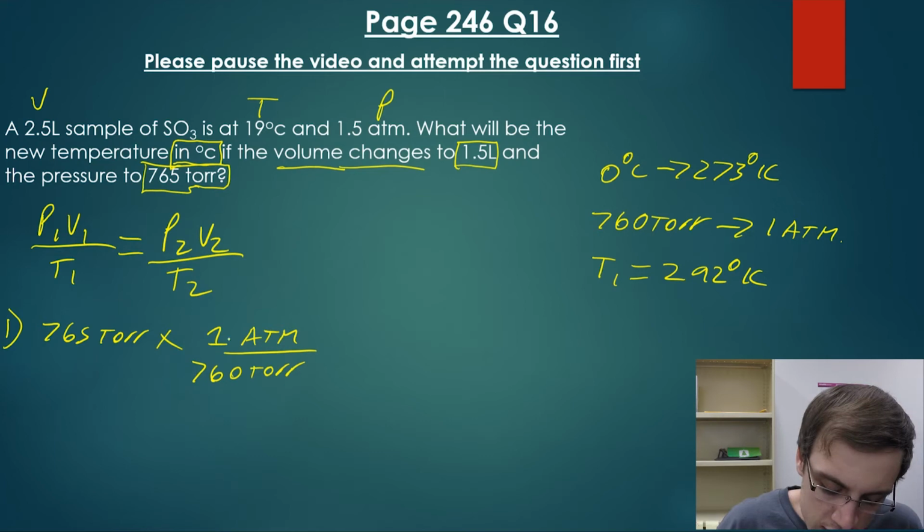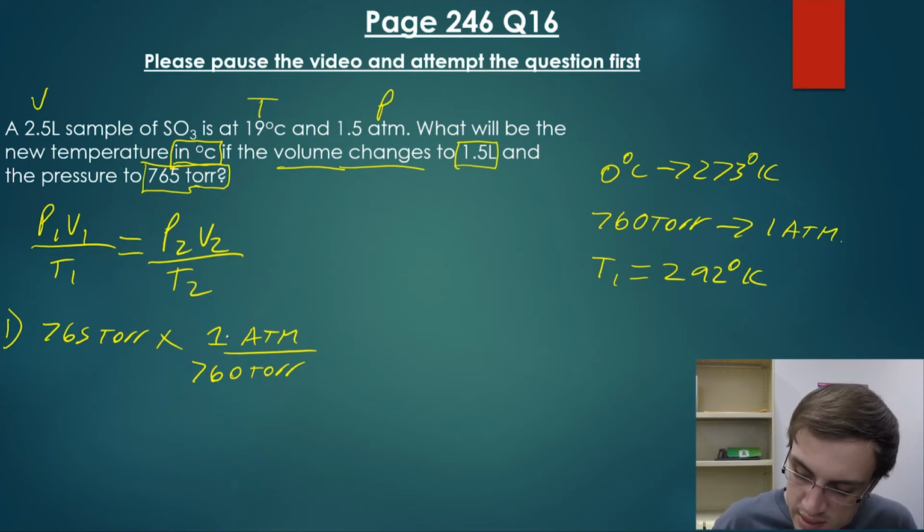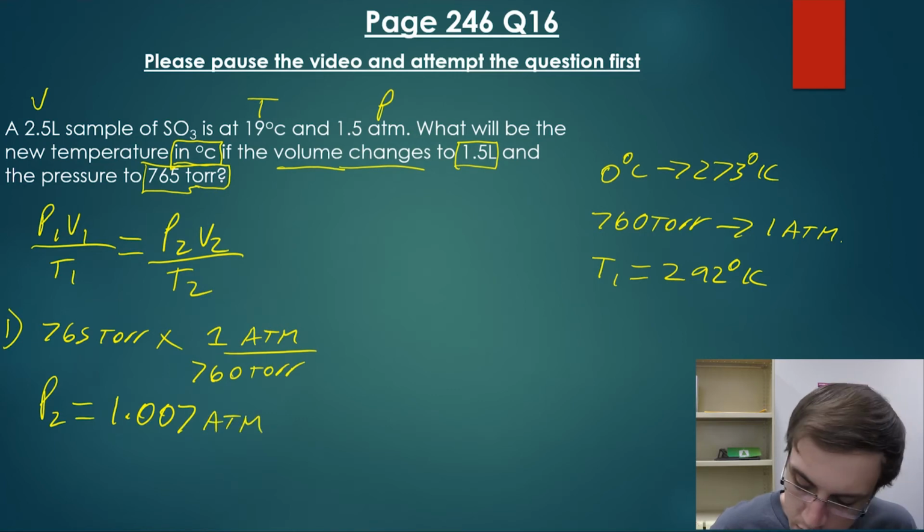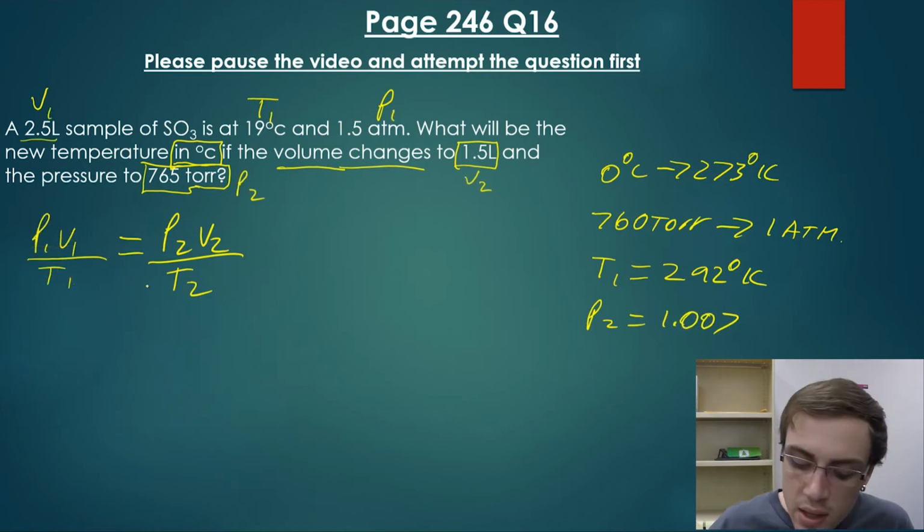And that's going to give us 765 times 1 divided by 760, a P2 of 1.007 atmospheres. So over here, I'm just going to write P2 is equal to 1.007.